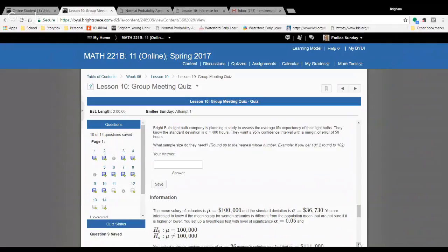The formula is n equals the critical value times the standard deviation over the margin of error, squared, right? That's the formula. Yep. So 95 would be the 1.96, right? Uh-huh. Times the 400 over, was 50 the margin of error? Yeah. Okay. Squared.